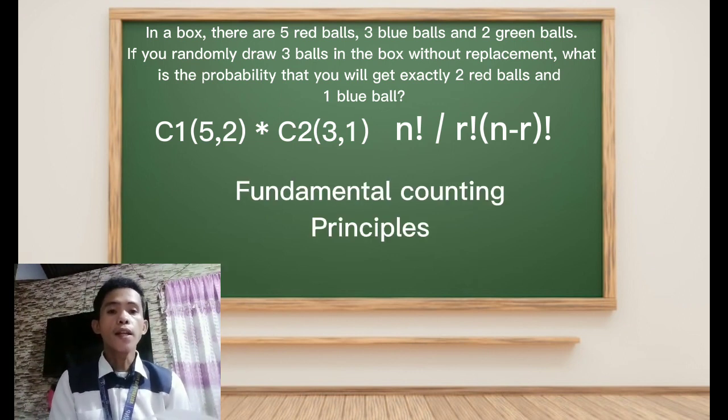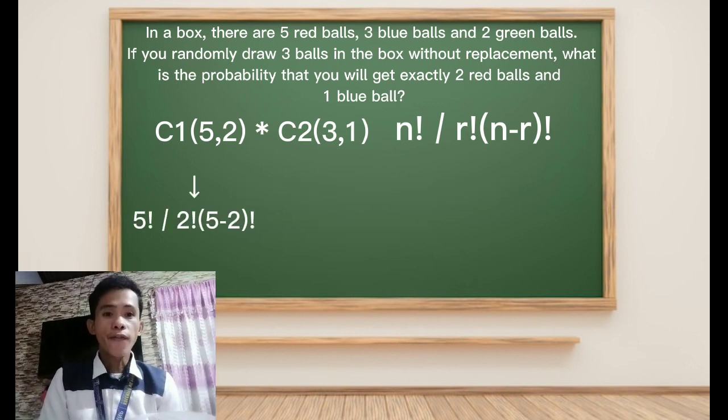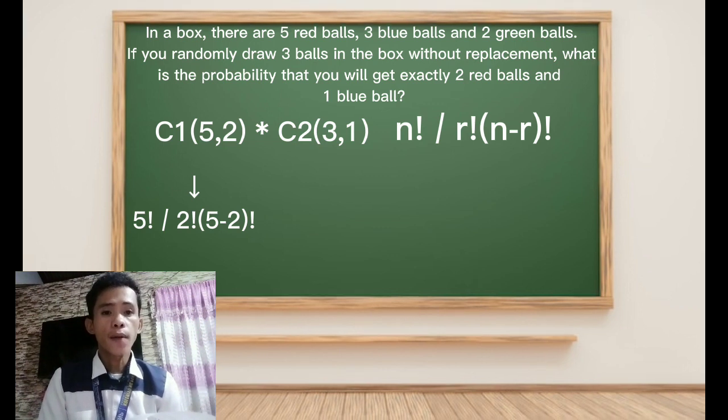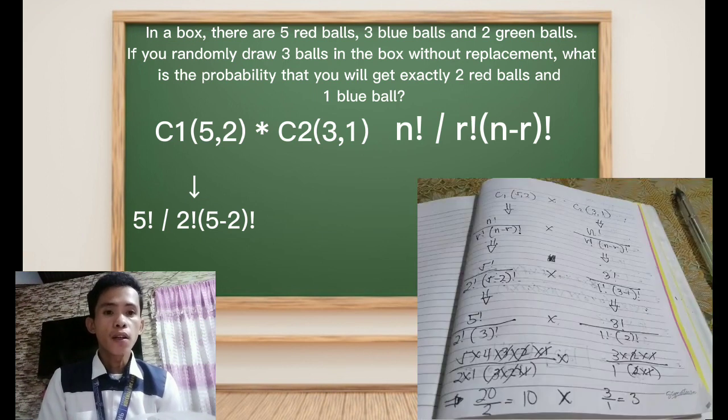So now, let's solve first combination 1, which is 5 and 2. So 5 factorial divided by 2 factorial times 5 minus 2 factorial. So the result is 5 factorial over 2 factorial times 3 factorial. First, 5 factorial is equal to 5 times 4 times 3 times 2 times 1.